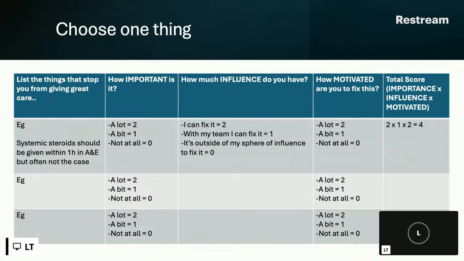And motivation for me was 2. So you can see 2 multiplied by 1 multiplied by 2 is 4. So that's my score. And some of you, if you have written down your exercise as well, sometimes you don't rank importance as high, or sometimes you might say the influence is too huge, it's outside my sphere of influence to fix it.